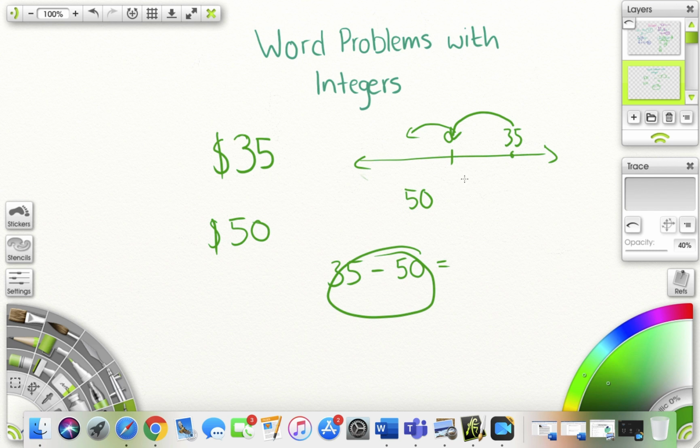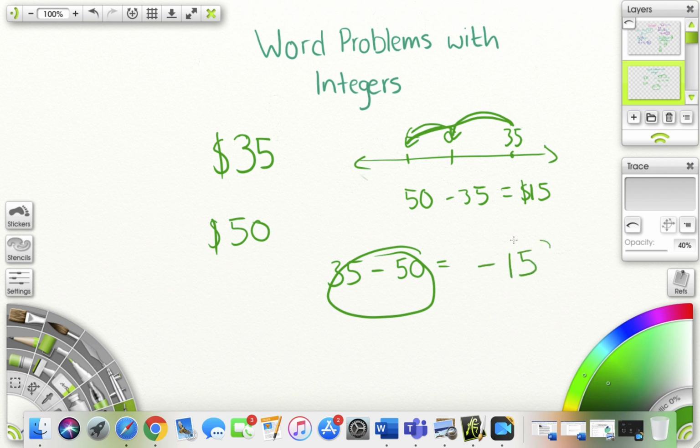So I'm going to do 50 minus 35 because that will give me how many points beyond 0 I'm going. 50 minus 35 equals 15. So I'm going to be at a balance, because remember, I know I'm going to go past the 0. My balance will be negative $15.